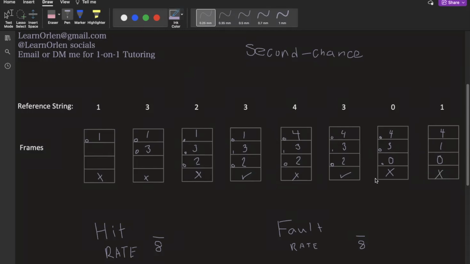We look at our hit rate. It is only 2 out of 8, 25%. Fault rate 6 out of 8. Let me just do my bits here. Consistency. There we go.